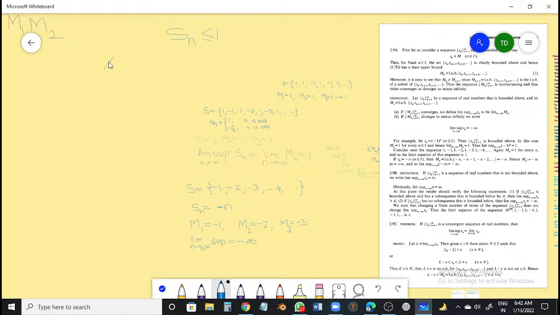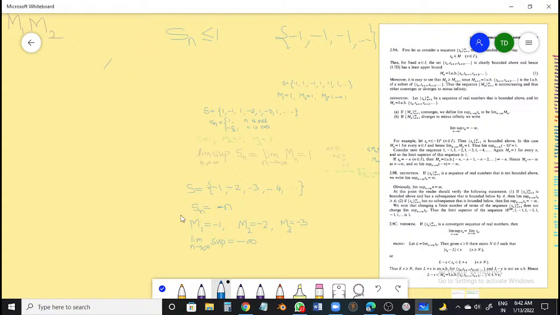Now if I consider a convergent subsequence, minus 1, minus 1, minus 1, and so on, the supremum of this is minus 1 only. And in this case the limit superior we have already seen is 1.